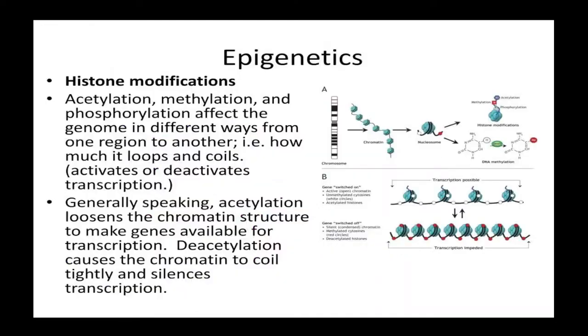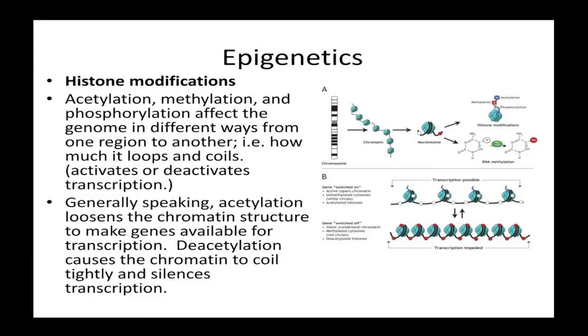Control of gene expression can be provided by histone modification. Acetylation, methylation, and phosphorylation affect the genome in different ways from one region to another: how much it loops and coils, and activation or deactivation of transcription.